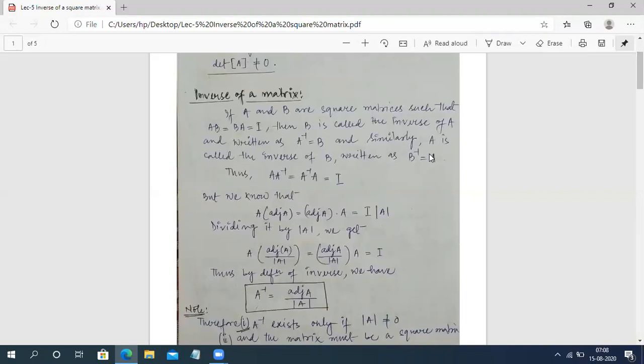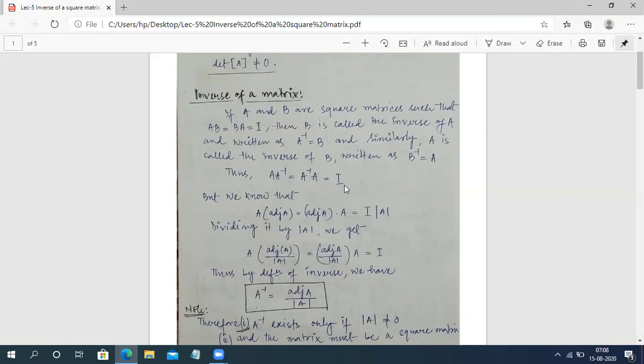Clear? In case of matrices also, if a matrix A is multiplied by its multiplicative inverse, that is A inverse, we will get identity matrix of the same order.